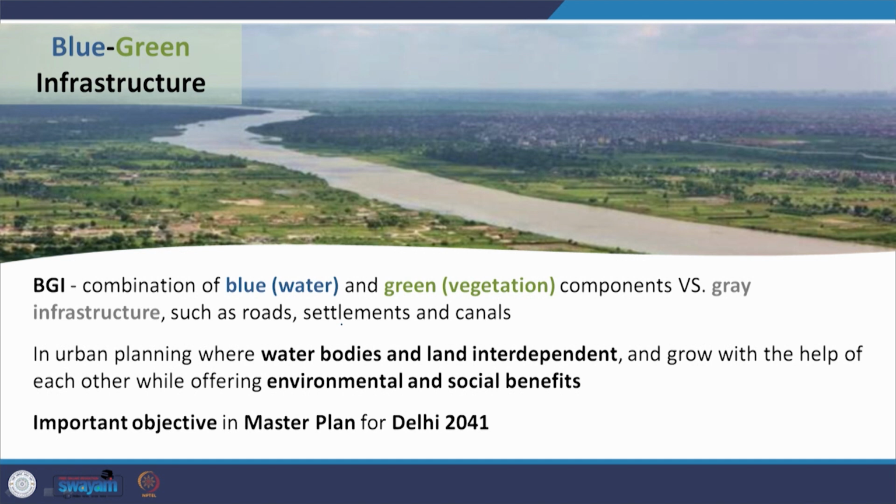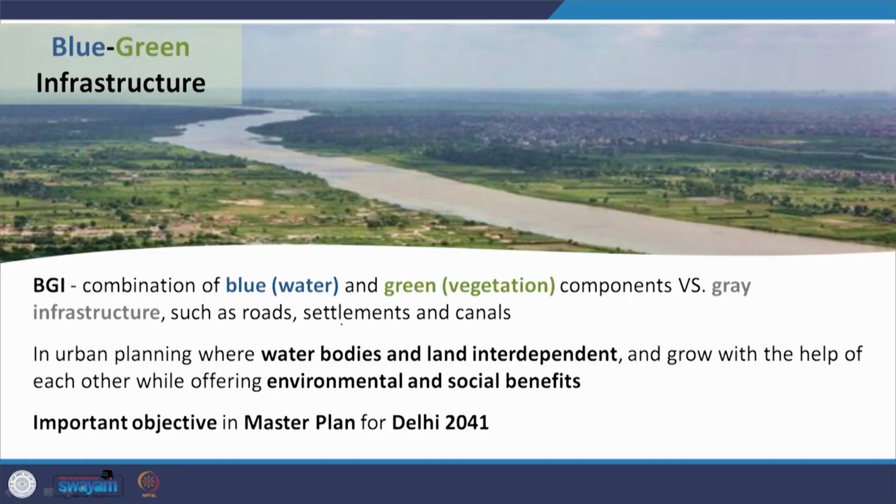So extensive blue-green components within the grey infrastructure lead to a healthier environment. So in urban planning, where there are water bodies and land which is interdependent, they grow with the help of each other while offering environmental as well as social benefits. The important objective of the blue-green infrastructure has been incorporated in the Master Plan of Delhi of 2041.